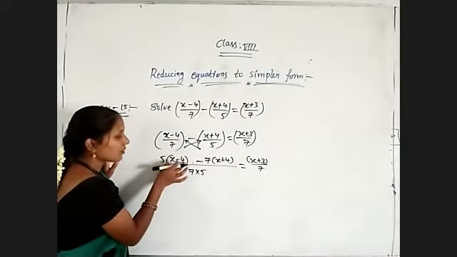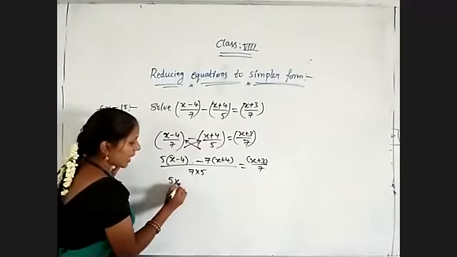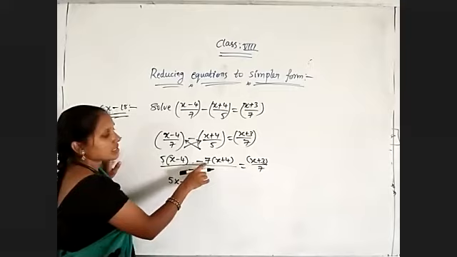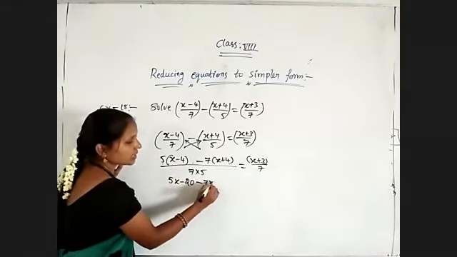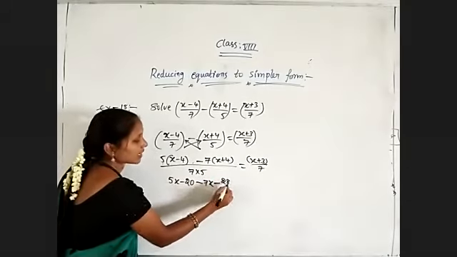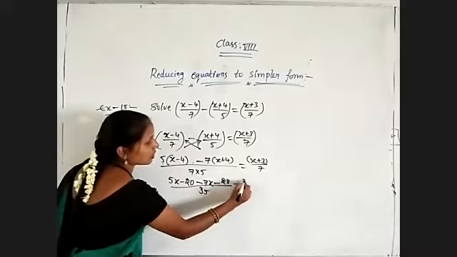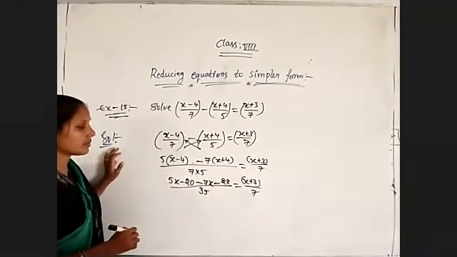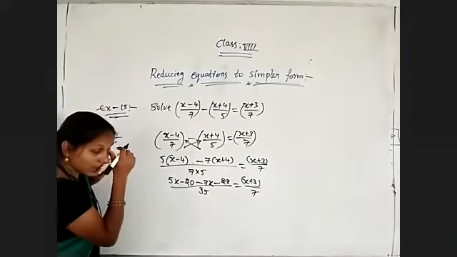First simplify the numerator. 5 is multiplied with the complete bracket, so 5x minus 20, minus 7 multiplied: 7 into x is 7x, and minus into plus is minus, 7 fours are 28, over 35, equal to (x + 3)/7. Now the x terms: 5x minus 7x.